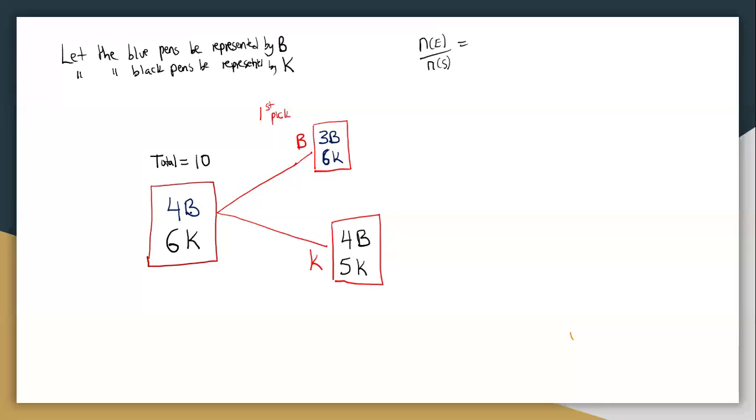The events are the blues, and we had 4. So here our probability will be 4 out of 10. Whereas for K, inside our bag we had 6. What is going to be our probability for that one? Very good. So here we shall have 6 out of 10.